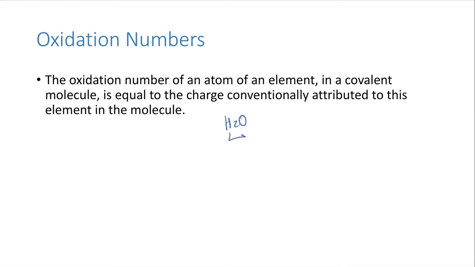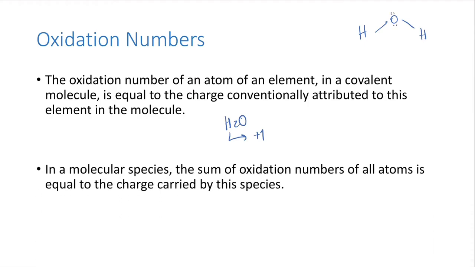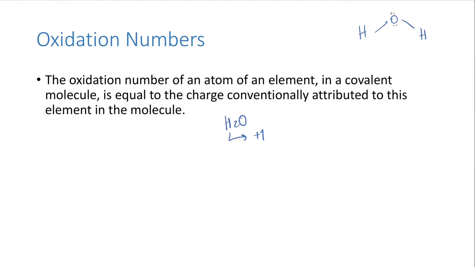The oxidation number of H is equal to plus 1 because, when forming this covalent bond, H is 2H plus O2 minus. So here, the oxidation number of H is equal to plus 1. The oxidation number of oxygen is equal to minus 2.